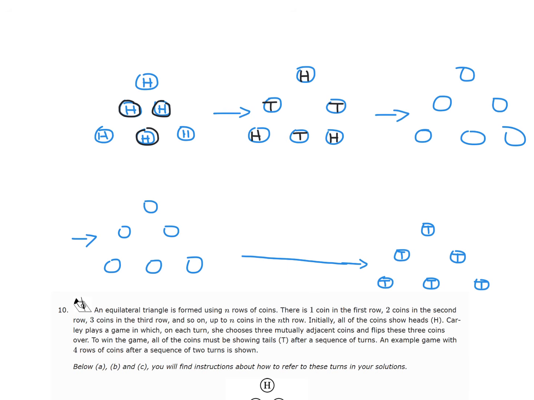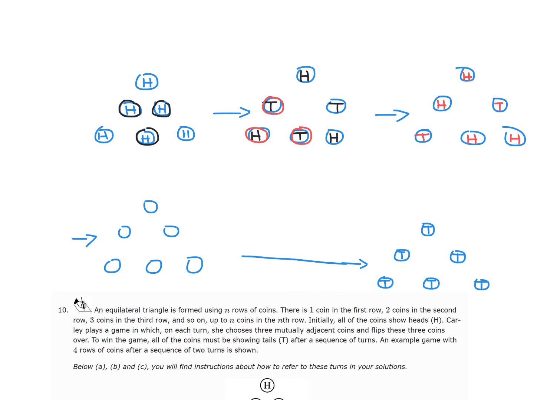Then what am I gonna do? Let's see. There's lots of ways of doing this here. I'm going to flip these 3 guys, and when I do, it'll become heads, heads, tails, and the remaining are heads, tails, and heads. Right? Okay.